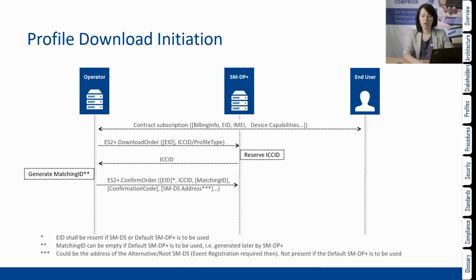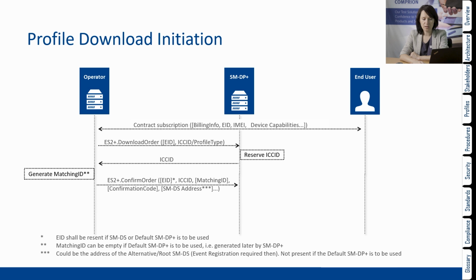In any case, the confirm order command will be sent back to the SMDP Plus, now containing more information, like the USSC ID information, the ICC ID, the matching ID, and especially the SMDS address. But this is only in the case of the alternative SMDS address or the root SMDS address, and then the event registration would be required.